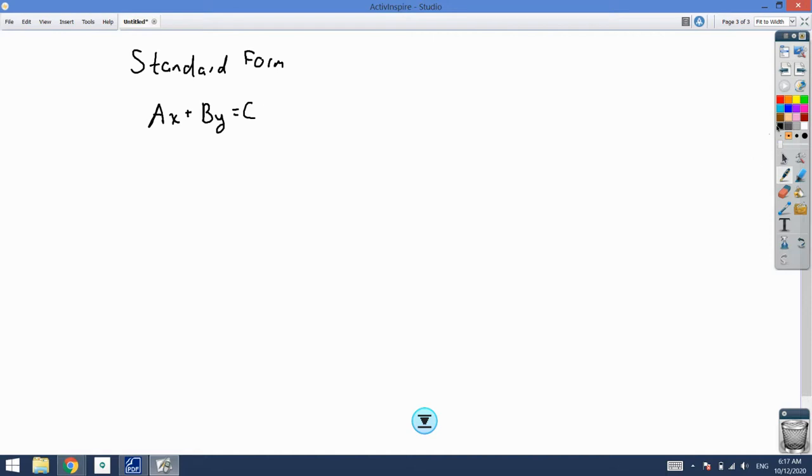And then you have your slope-intercept form, which is probably your most known.